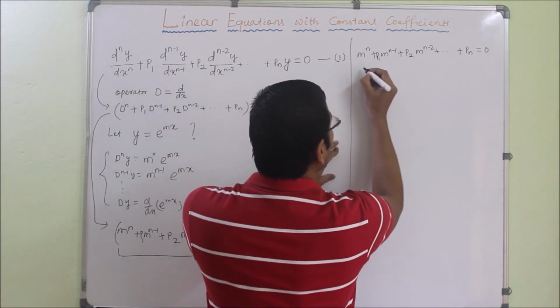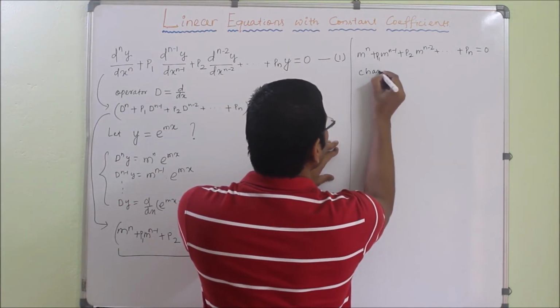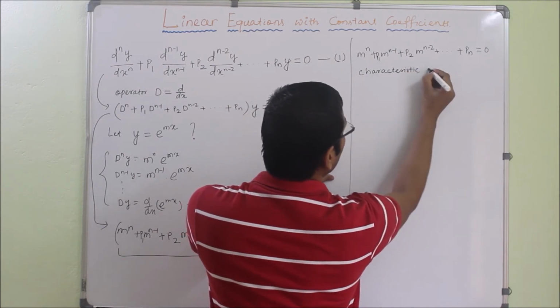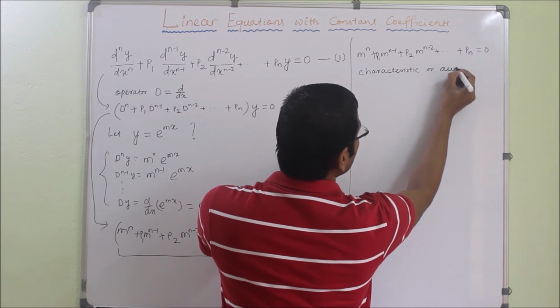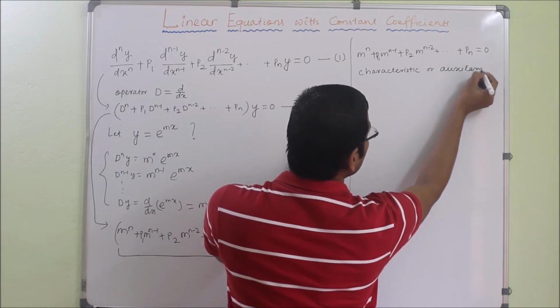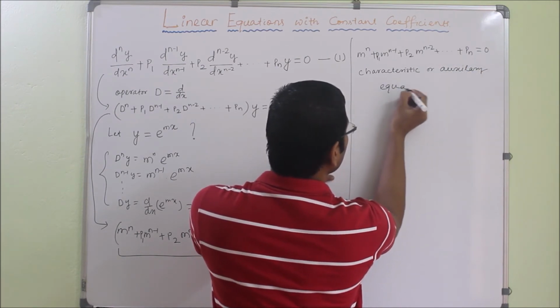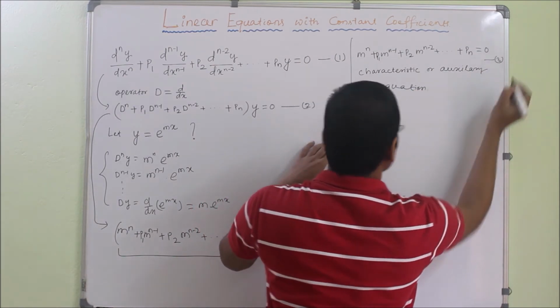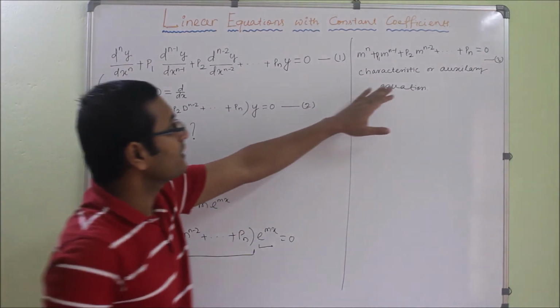Now this will be called the characteristic or auxiliary equation. I am writing this as equation 3. So we got the auxiliary equation.